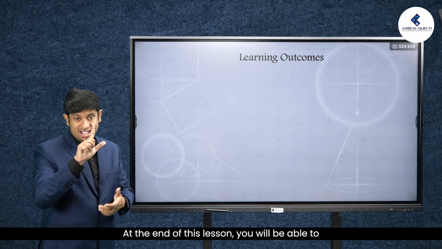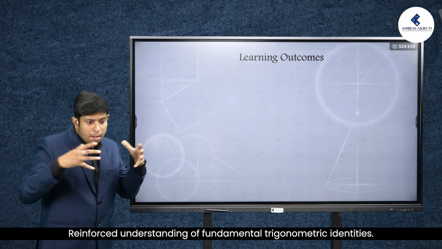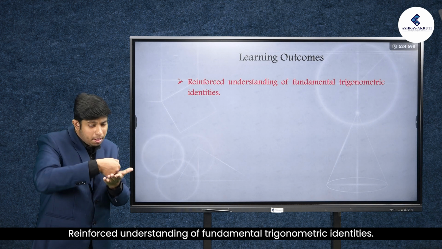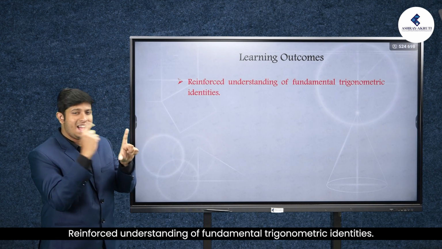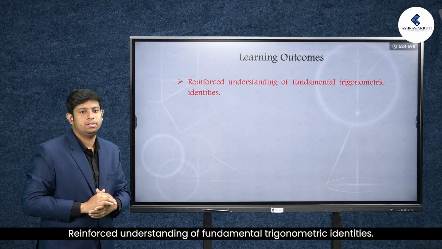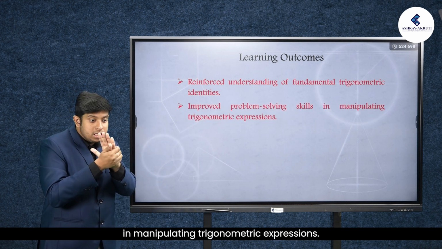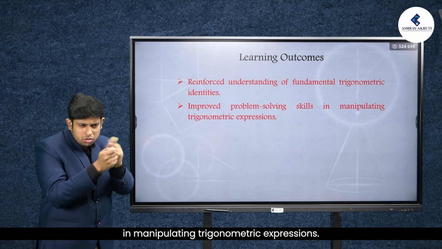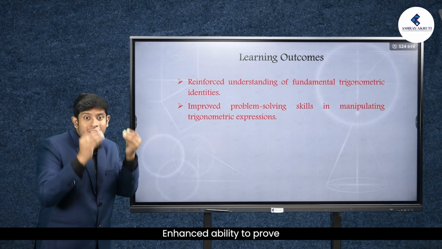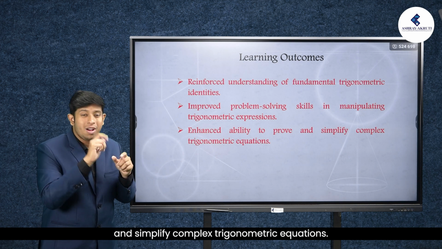Learning outcomes. At the end of this lesson, you will be able to reinforce understanding of fundamental trigonometric identities, improve problem solving skills in manipulating trigonometric expressions, and enhance your ability to prove and simplify complex trigonometric equations.